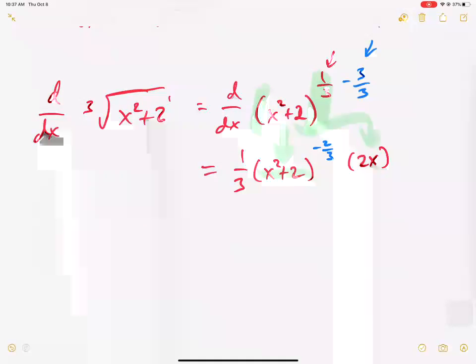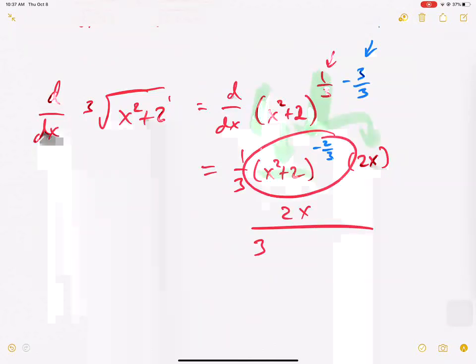From here, we can rewrite it. 2x is on top, 3 is on the bottom, and this is one ugly radical, the cube root of x squared plus 2 squared, because you have 2 out of 3. You don't have enough to come out of that radical.